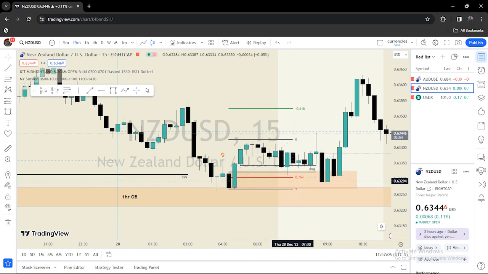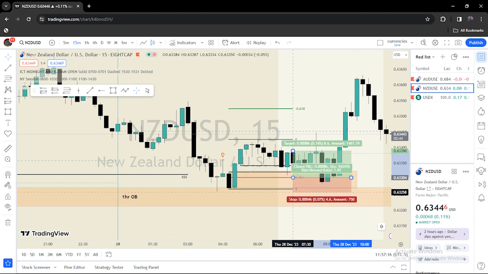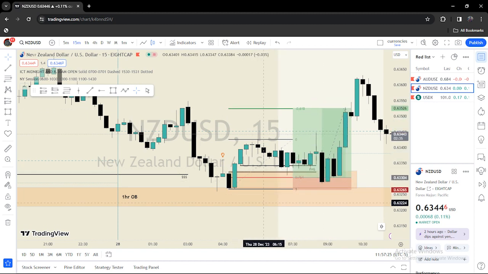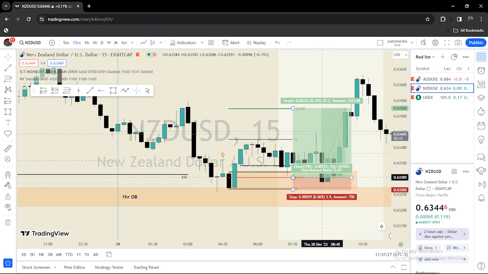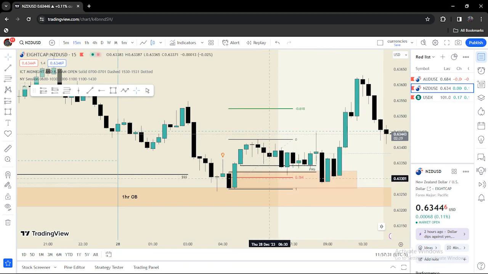Meaning my entry is here, on 76 point something, right? Yep. My stop loss would be here, take profit would be there. If you check, during our session it came and triggered our limit.